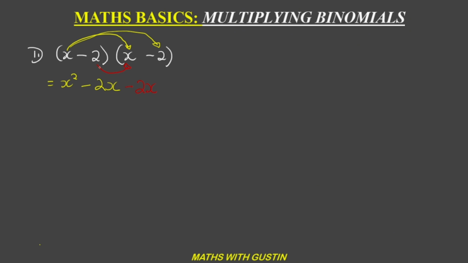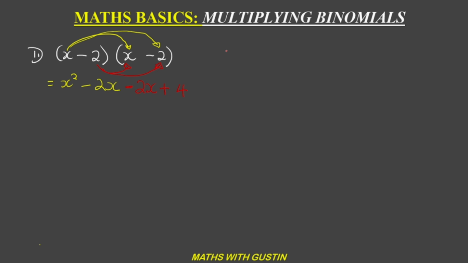And then the 2 should multiply again with this 2 here. But remember, guys, there's a negative there. Always be careful of the negative sign. We know that 2 times 2 is 4, but negative times negative gives us positive. Please make sure that you know how to deal with this, guys.